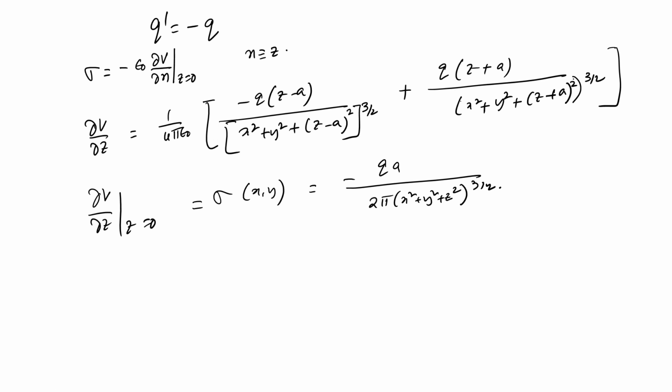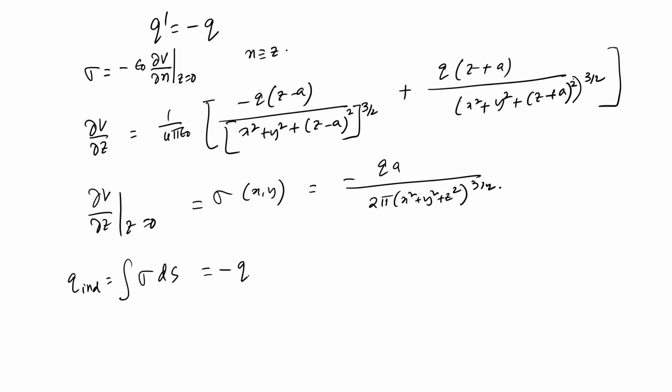The induced charge is negative because of the negative sign. And if you want to calculate the total induced charge, the integral of sigma ds, and transform it in exactly the same way that we have done for the cylindrical coordinate system, you will get minus q.